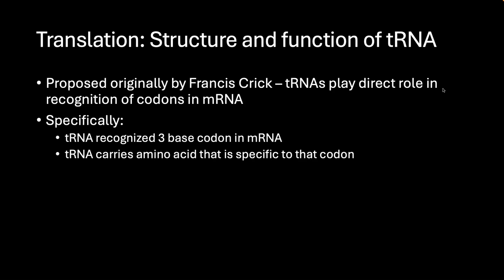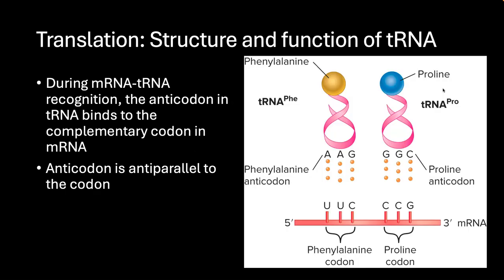Correctly hypothesized by Francis Crick of double helix fame in the 1950s, tRNA has two main roles in translation, which are recognizing the three base codon in mRNA and carrying a specific amino acid to that codon. tRNAs recognize codons via complementary binding of a region of them called the anticodon.